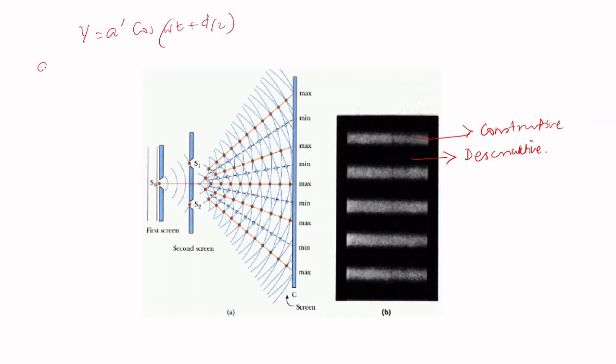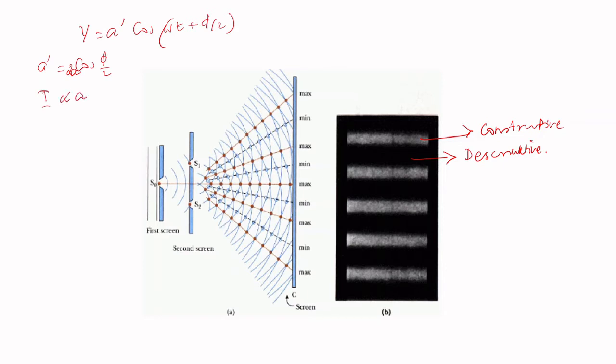This A dash was actually 2a cos phi by 2, isn't it? So 2a cos phi by 2 was A dash earlier, which we can use in the calculation of intensity.